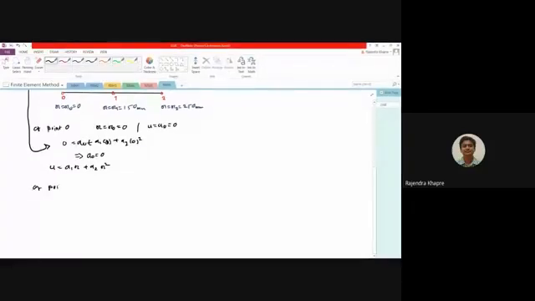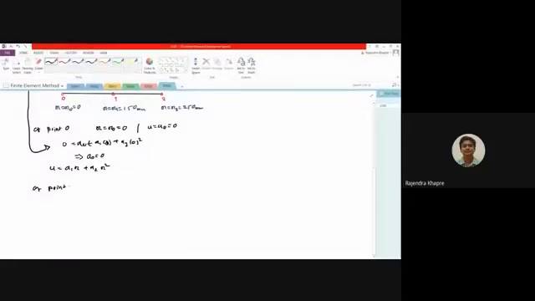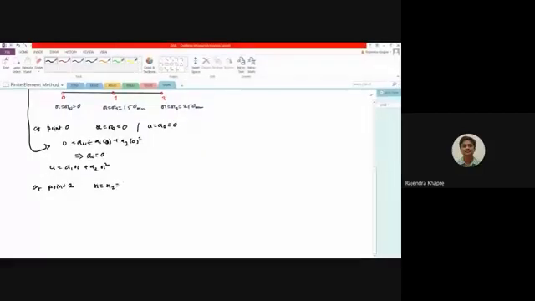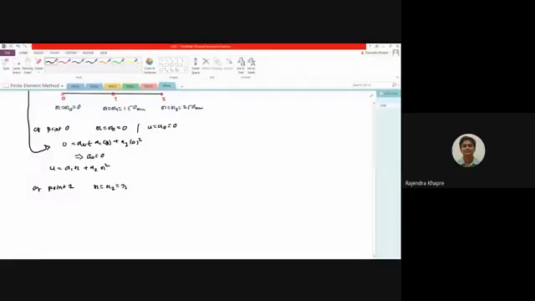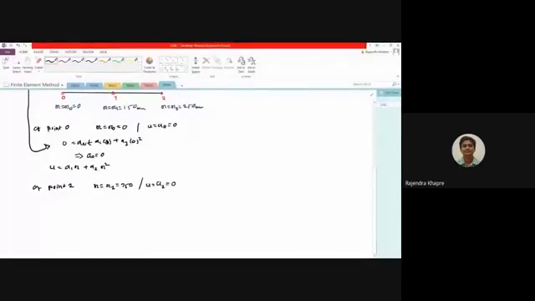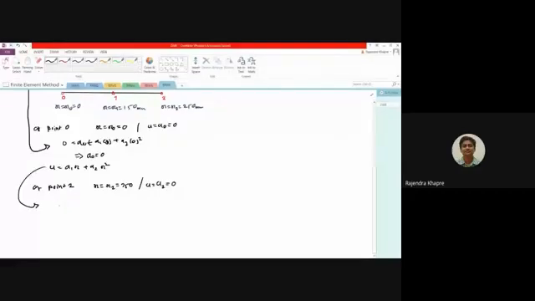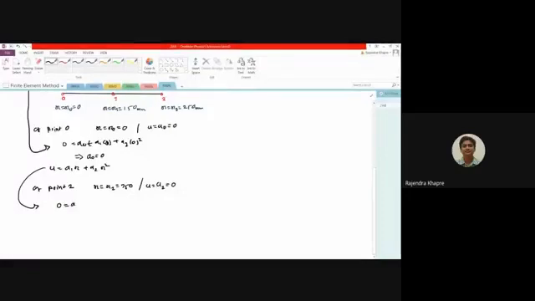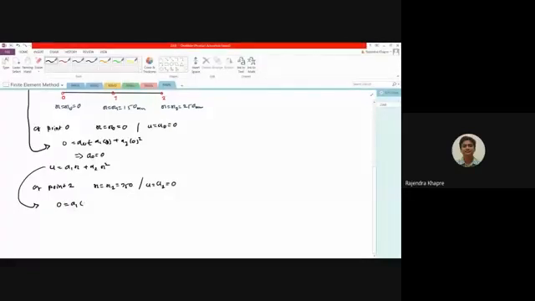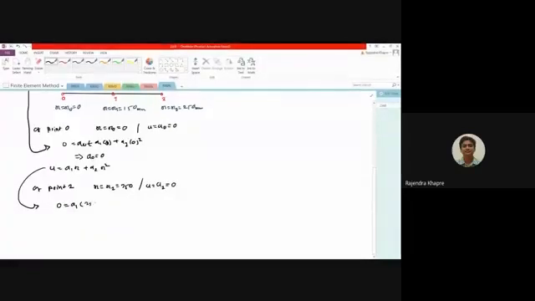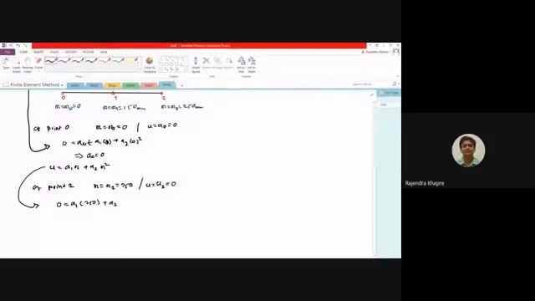Then if you apply the second boundary condition, let us say at point 2, x will be called x2 and its numerical value is 250, but your u value will be called u2 and its numerical value is 0. So now if you substitute this over here, this will be 0 equals a1 into x2, which is 250, plus a2 into 250 square.